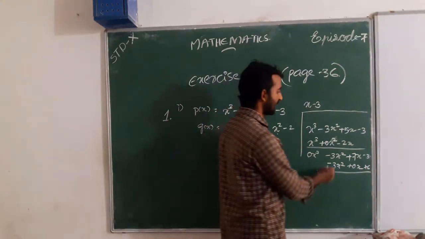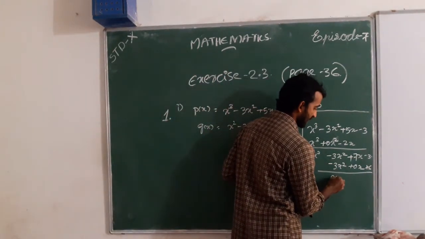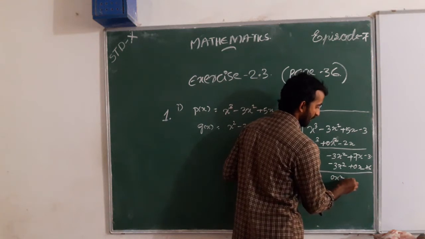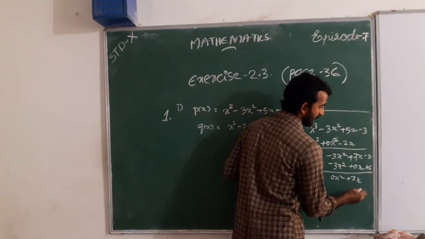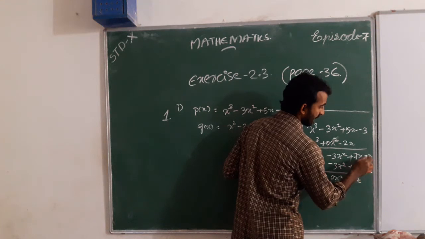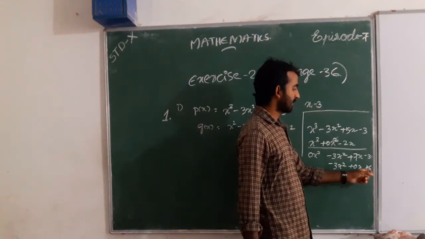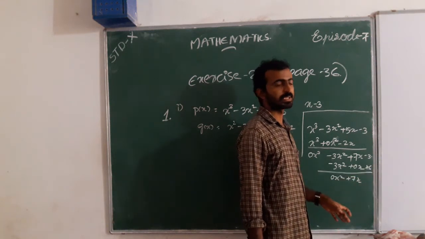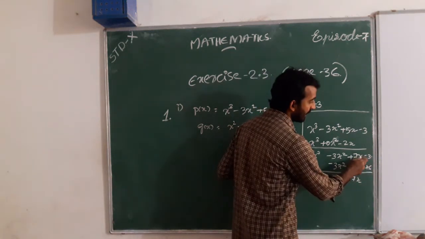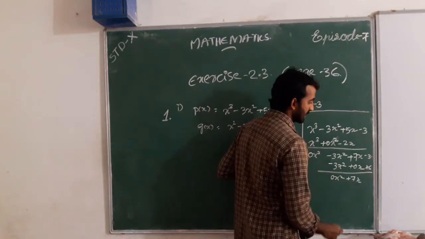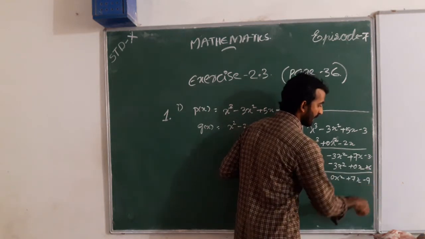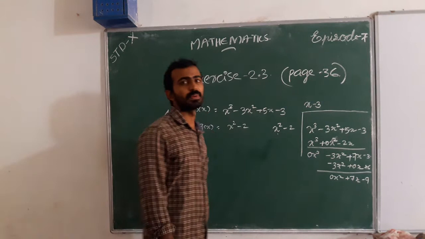Yes. When we take the difference, we get 0x square plus 7x, and minus 3 minus 6, we get negative 9.